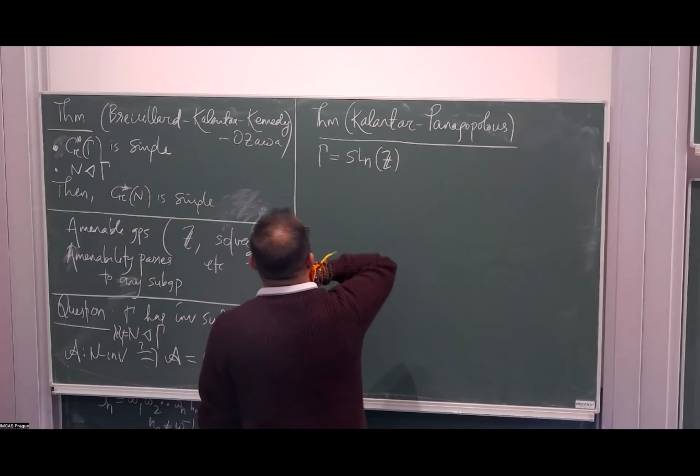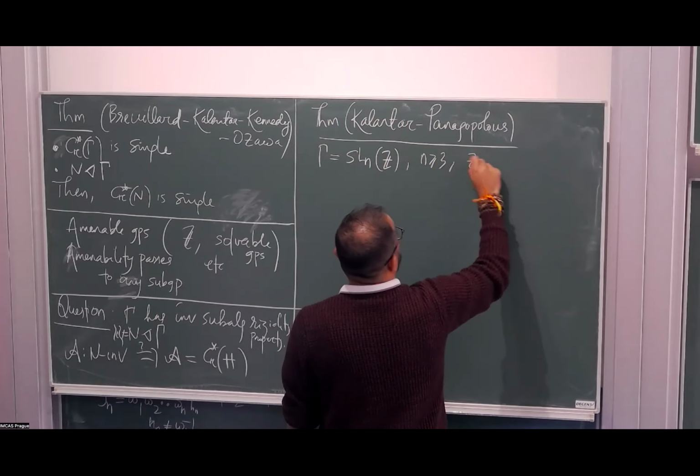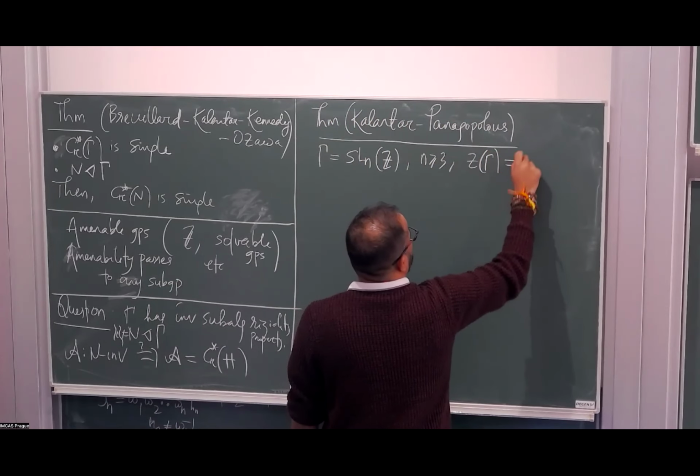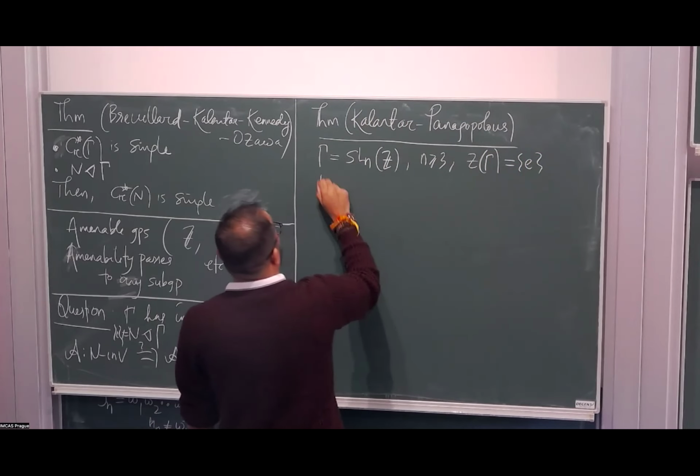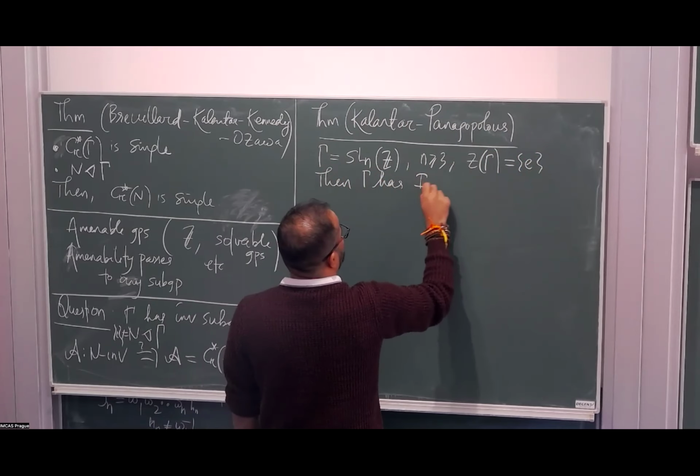They showed that if you take gamma to be SL_n(Z), n at least 3, and the center is trivial, then gamma has the ISR property.